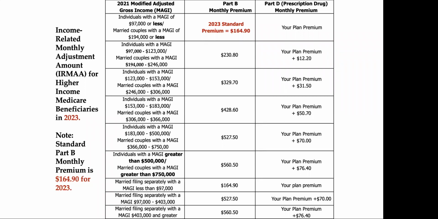There is an appeal process to the Social Security Administration for certain life-changing events, and retiring is considered a life-changing event. And you can appeal to the Social Security Administration to use your most recent tax return, not the tax return from 2 years ago, to recalculate your exposure to the IRMAA.